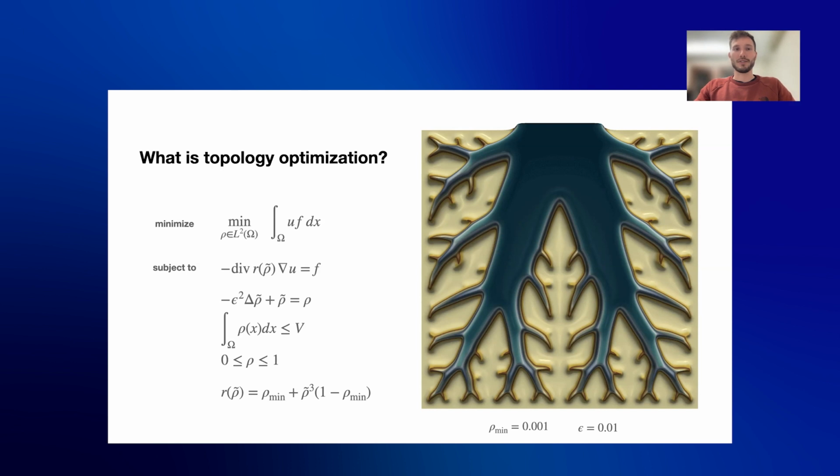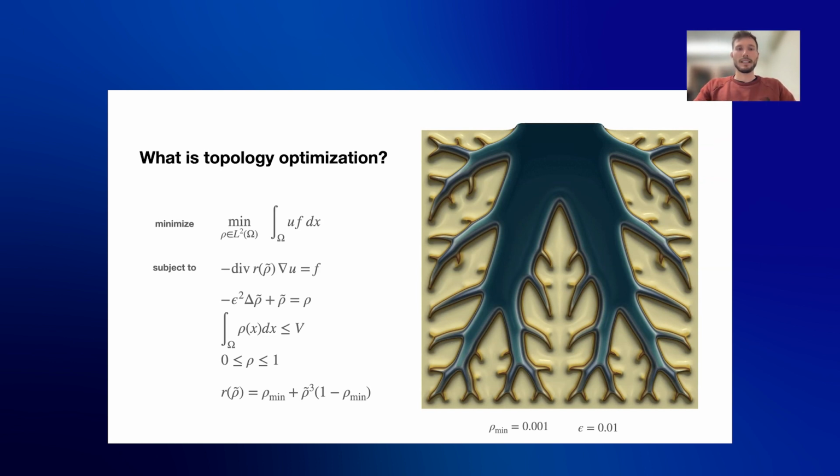So the first equation set tells you we have to respect the physics. This is linear diffusion for the heat. The second equation is filtering to ensure the existence of the solution. Then the third one tells you we can only use a limited amount of volume that I can distribute inside the domain. The fourth one is the density field between 0 and 1. So we have either material or no material.